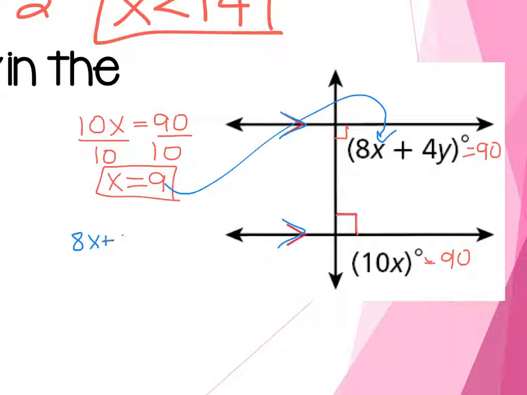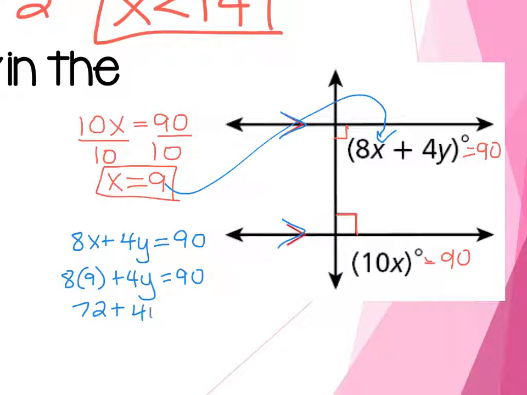And then I can actually take that and plug it in here. 8x plus 4y equals 90. Plug that 9 in. 72 plus 4y equals 90. Subtract that 72. Good.